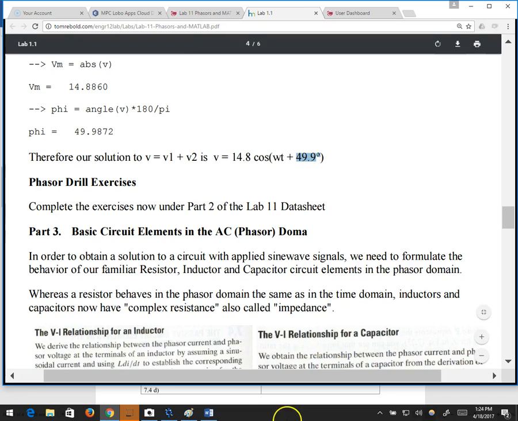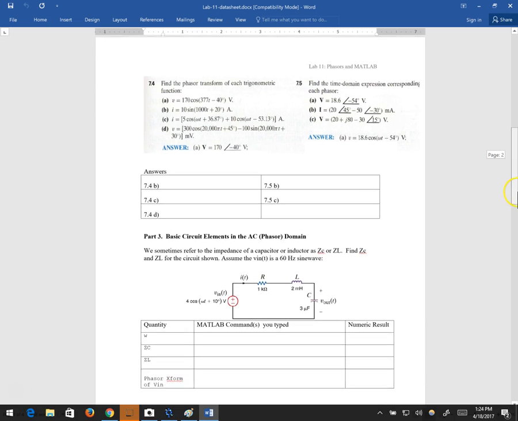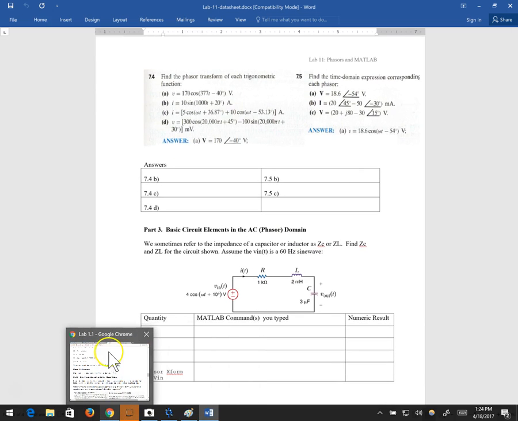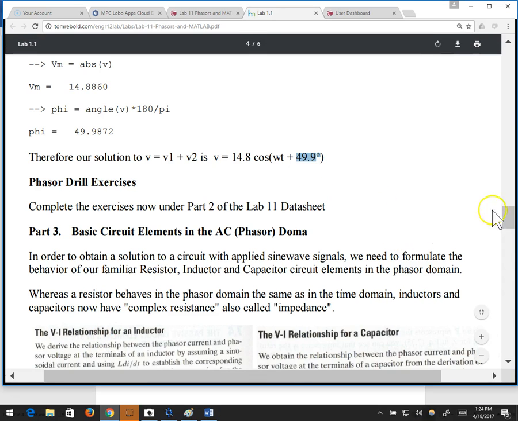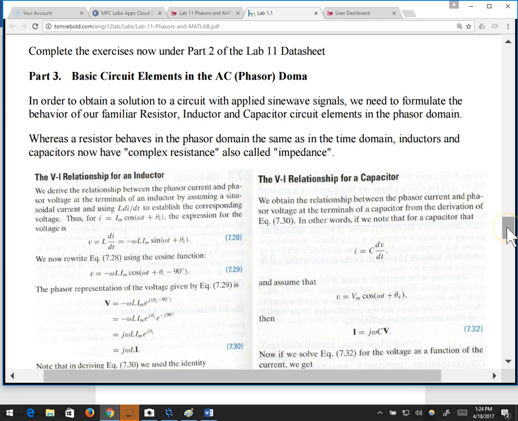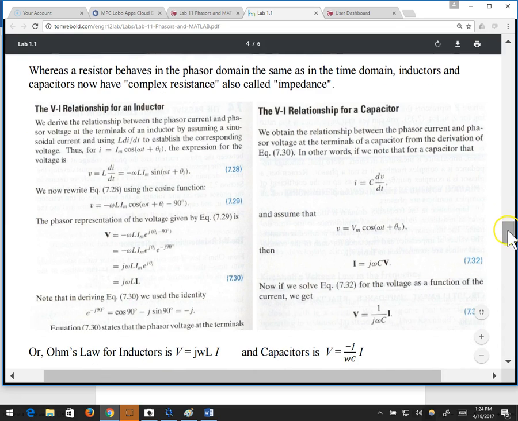So in part 2, you're going to mess with some of these things and calculate those. Then in part 3, this is where we apply this to actual circuits, and we develop these relationships that we talked about in lecture yesterday, this thing called impedance.